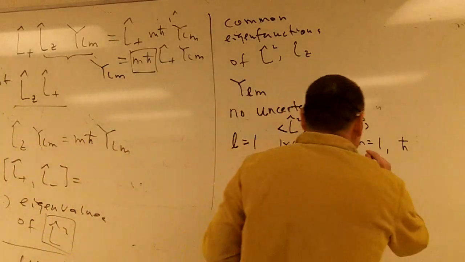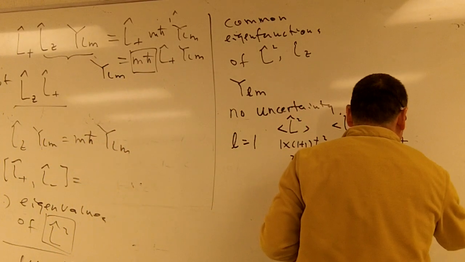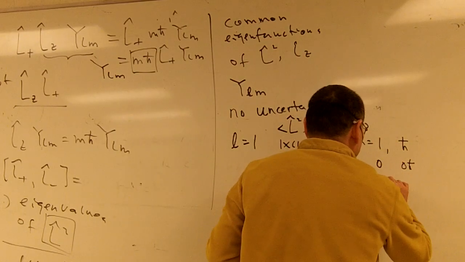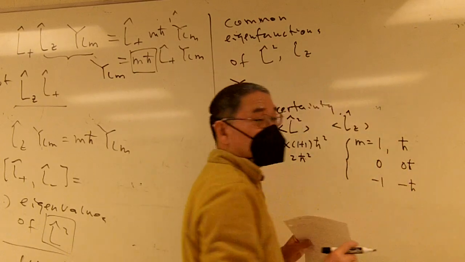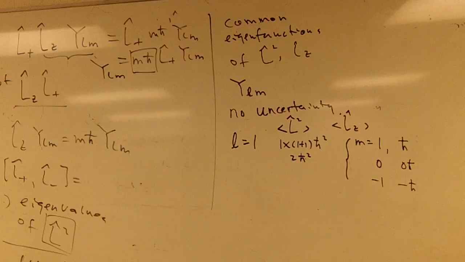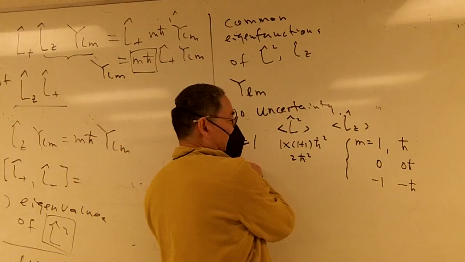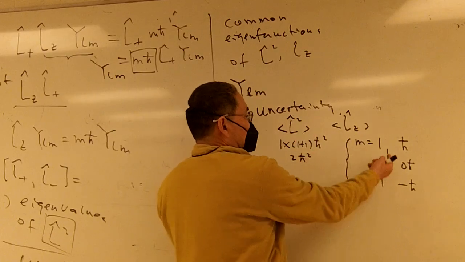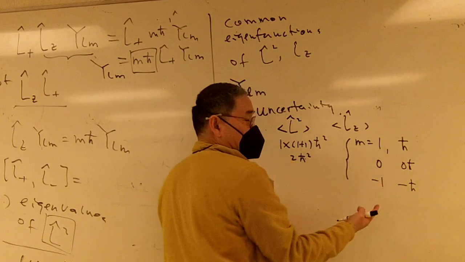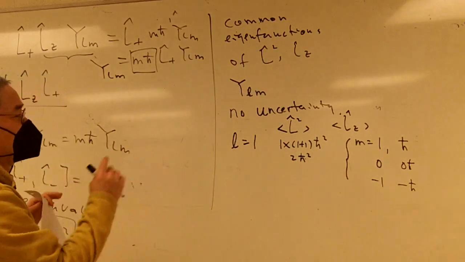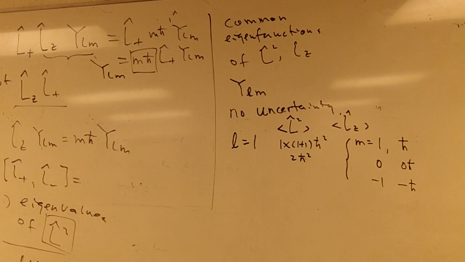It also can equal 0, and then 0 h bar. And negative 1, negative 1 h bar, like this. You see, my M always runs from positive L all the way to negative L. Each step is reduced by 1. So that is the eigenvalue.